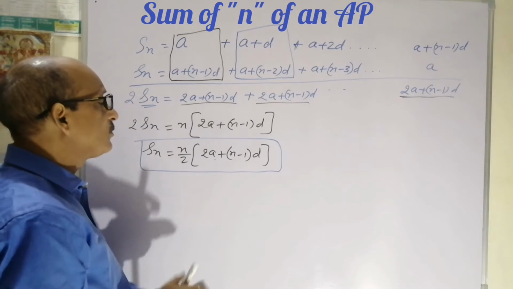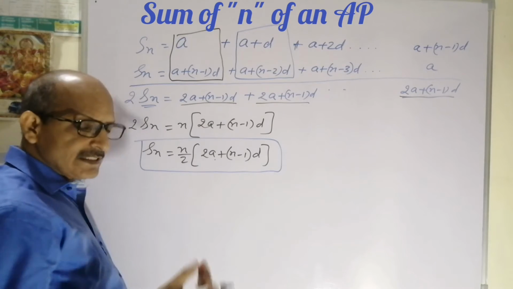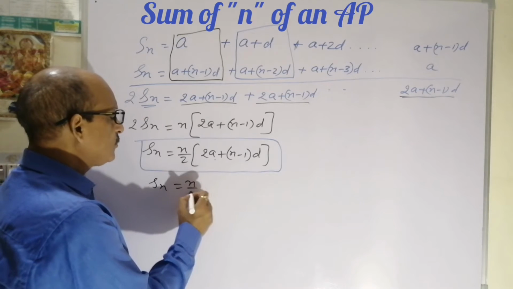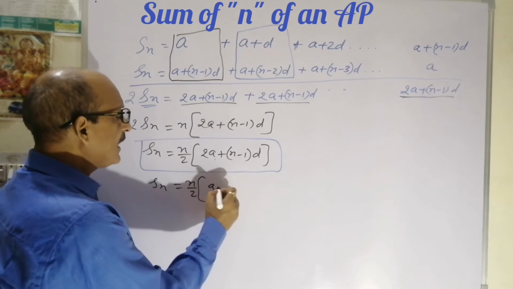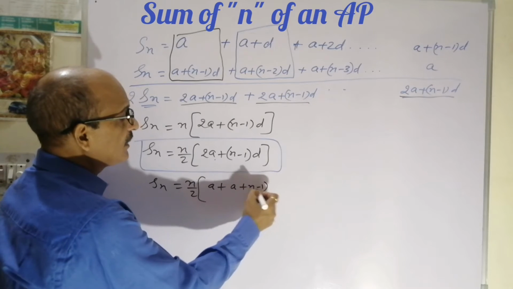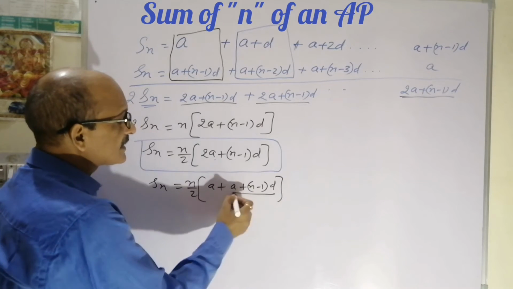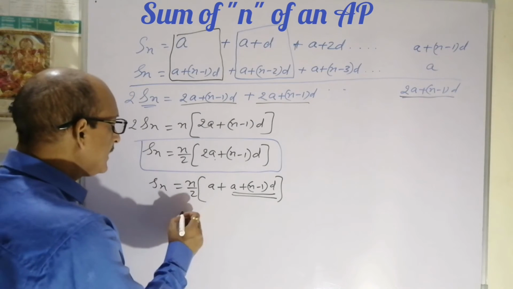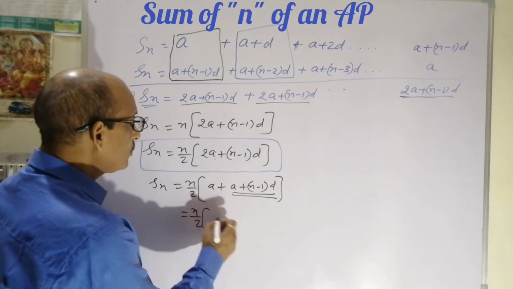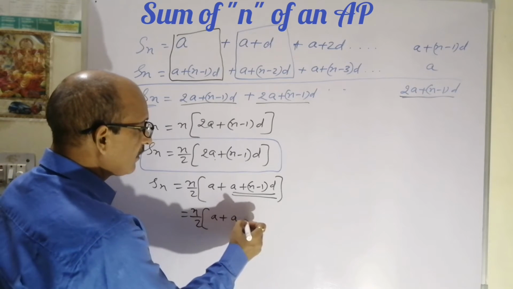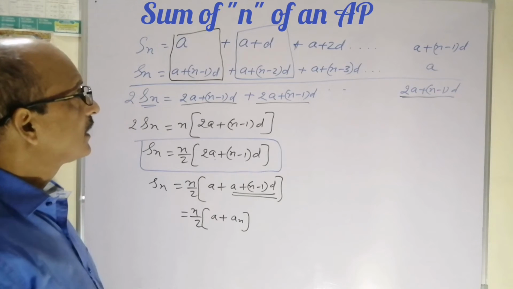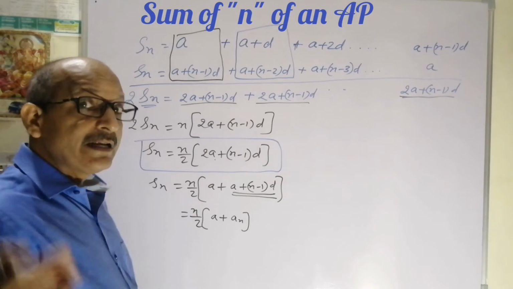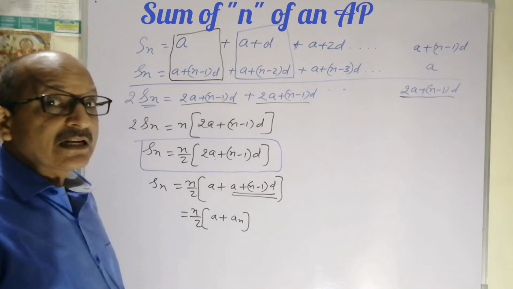Again, this can be extended to another form. Sn can also be written in this way, n by 2 into a plus a plus n minus 1 into D. Recall the previous video, what is this? It is an. So we can write here n by 2 into a plus an. Also, if there are only n terms, this an can be written as the last term l.